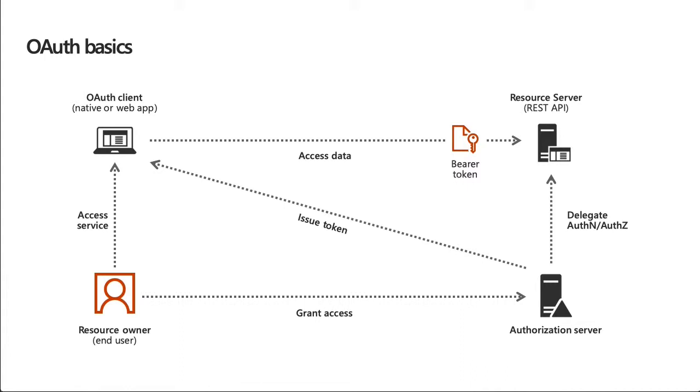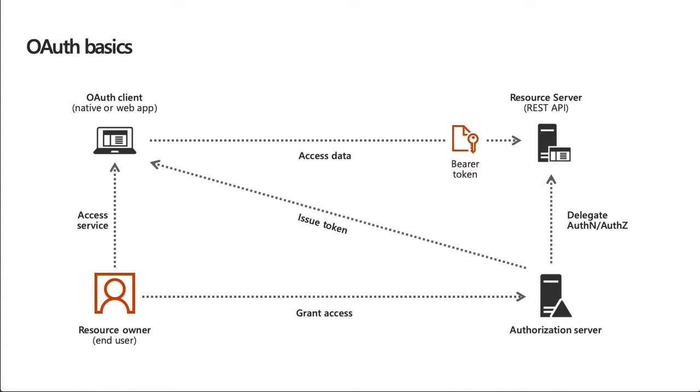So Microsoft Graph can say, I trust that this access token was created by Azure AD and the application's giving it to me. It's then going to open up that access token and see that this is a request for this specific user. This access token is intended for the Microsoft Graph, and it has these permissions. So it will then access the data that's being requested and then hand that back to our native OAuth client, our native application. And that's how the whole authentication dance and authentication flow is going to work here.